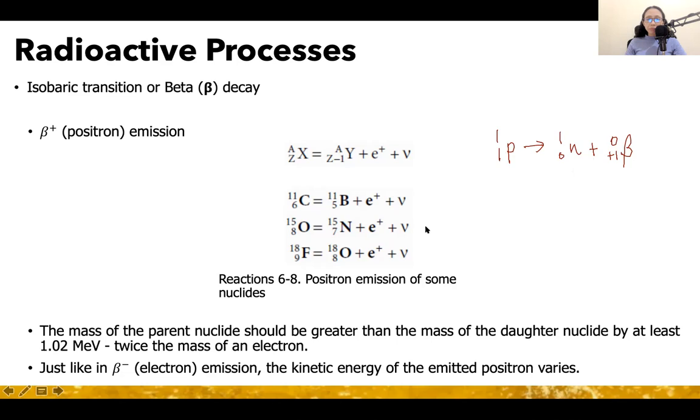Okay, here are some examples of positron emission of some radionuclides. Now, just like in your beta particle emission, again, the kinetic energy of the emitted positron varies. Now, instead of an antineutrino, a neutrino is released in the positron emission process.